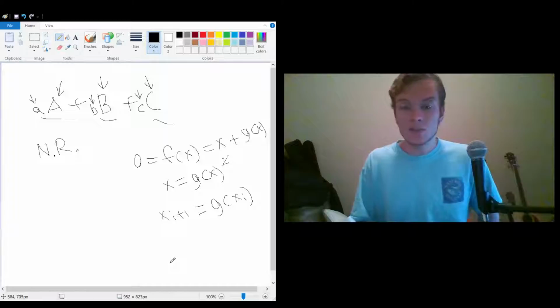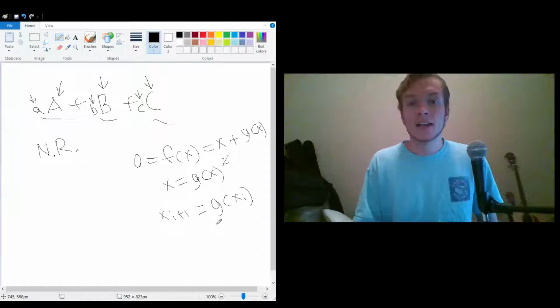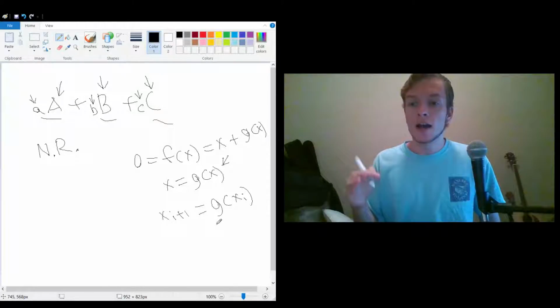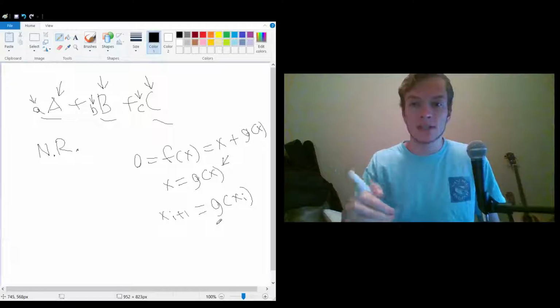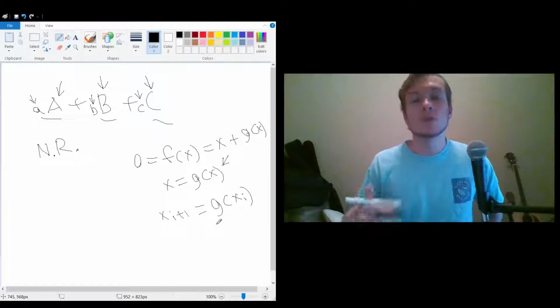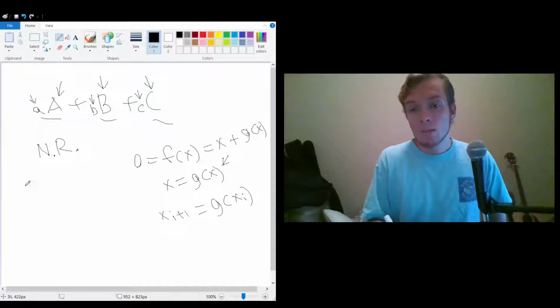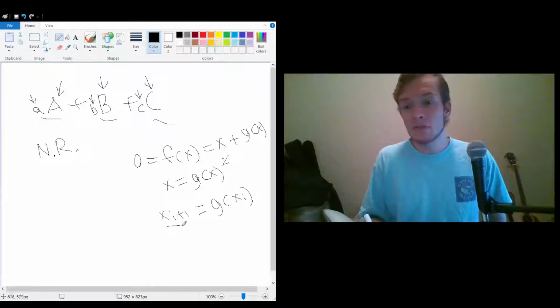And the way this works is if this g of x is converging towards the answer. So there's some criteria, and like I said, if you want me to go into more detail with that, I can in a later stream. But Newton-Raphson is a form of this equation.